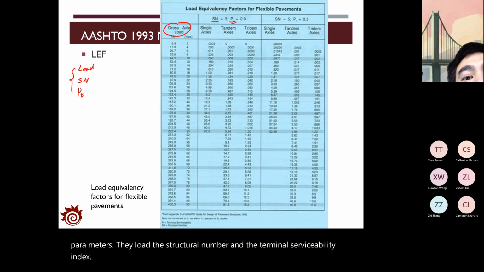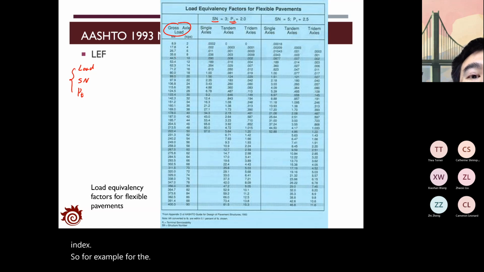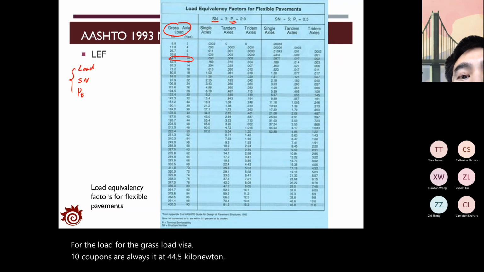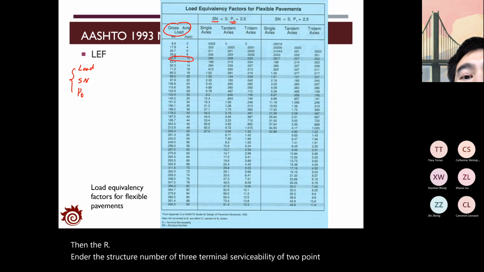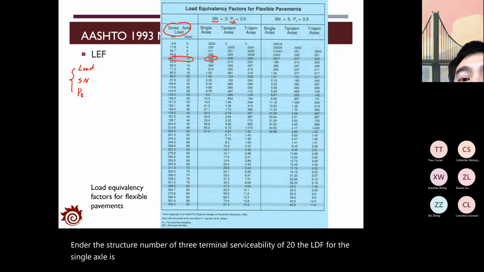So for example, for the gross load of 10 kilopounds, or we say 44.5 kilonewton, under the structure number of 3 and terminal serviceability of 2.0, the LEF for the single axle is 0.09, for the tandem axle is 0.008, for the triple axle is 0.002.